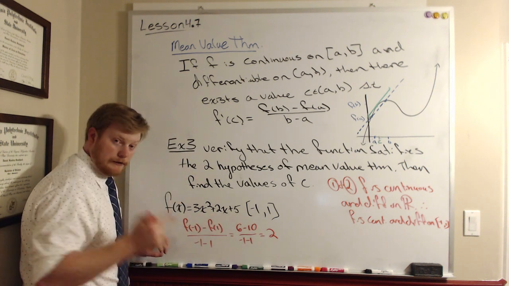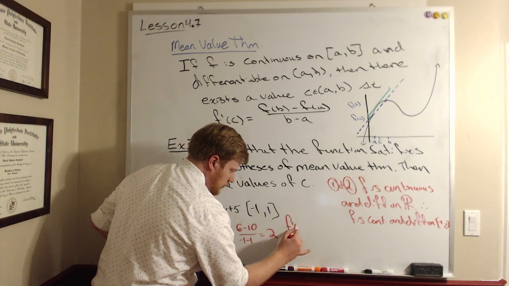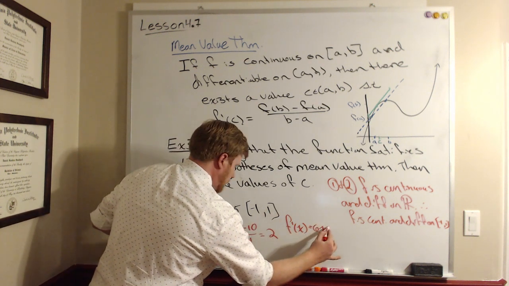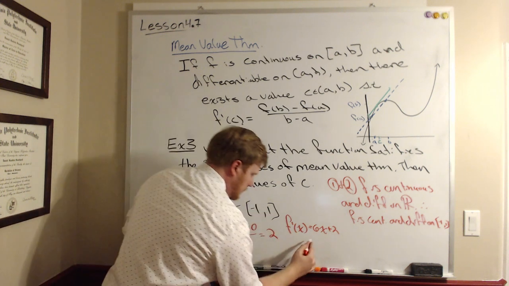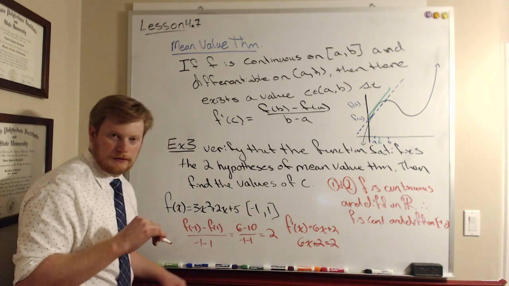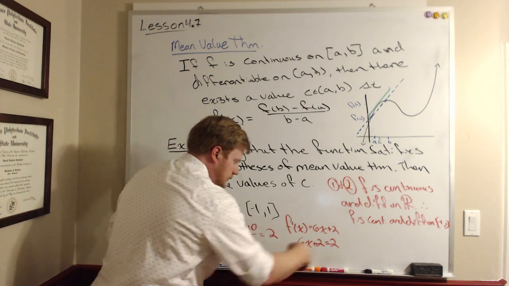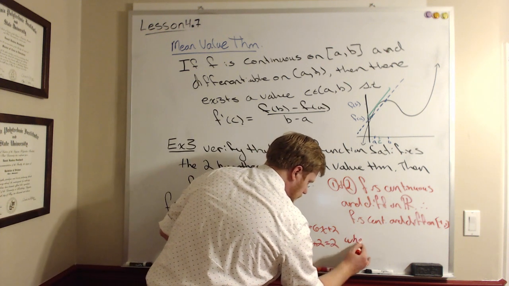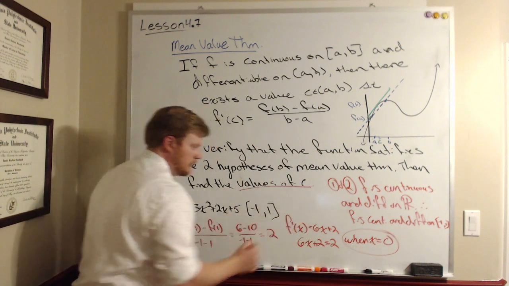So what I'm looking for are the values of c, or the values of x, where the first derivative of f, which is 6x plus 2, is equal to 2. Well, it's when x is 0. When x is 0, that statement becomes true. So those are my values of c.